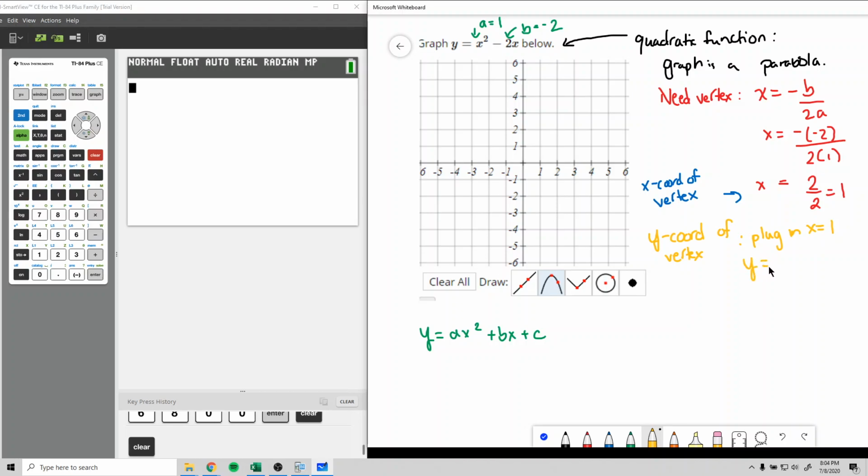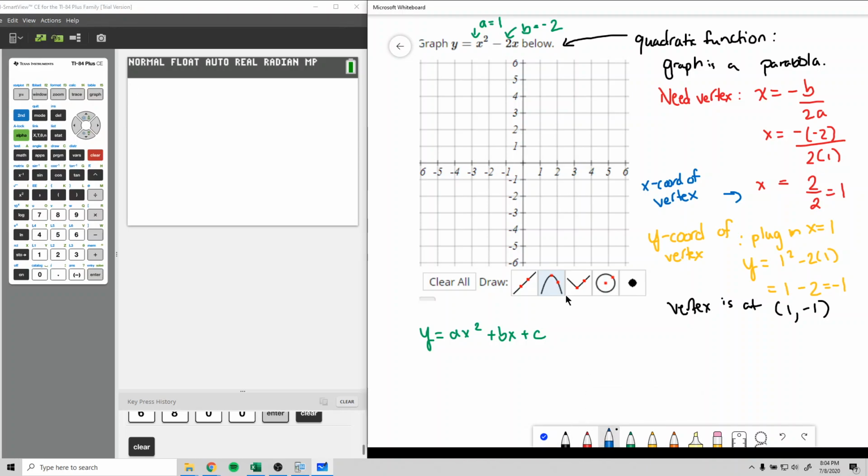We get y equals 1 squared minus 2 times 1. And 1 squared is 1, minus 2 is negative 1. Right, so the vertex is at the point 1 comma negative 1.